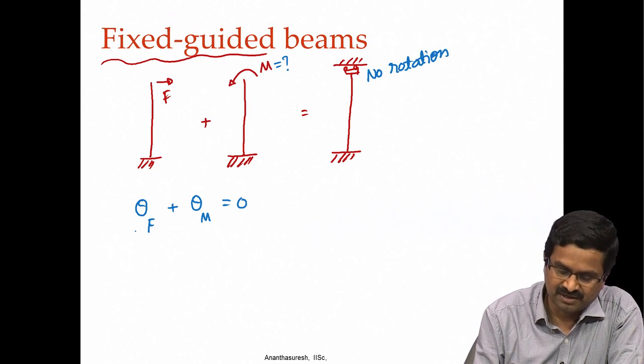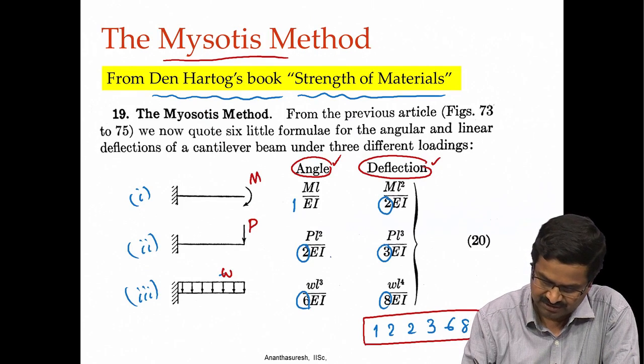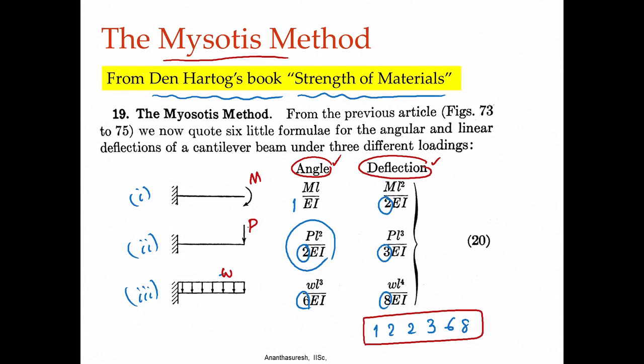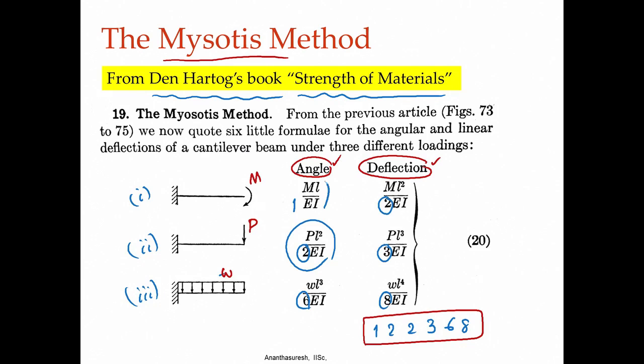If you go back and look at Maisotis formulae, so the rotation is this, is P here, we have FL square by 2EI, that is the theta here. So, FL square by 2EI, and then due to the moment, that is ML by EI, that is 1, that 1 here, right, ML by EI, that is the angle.